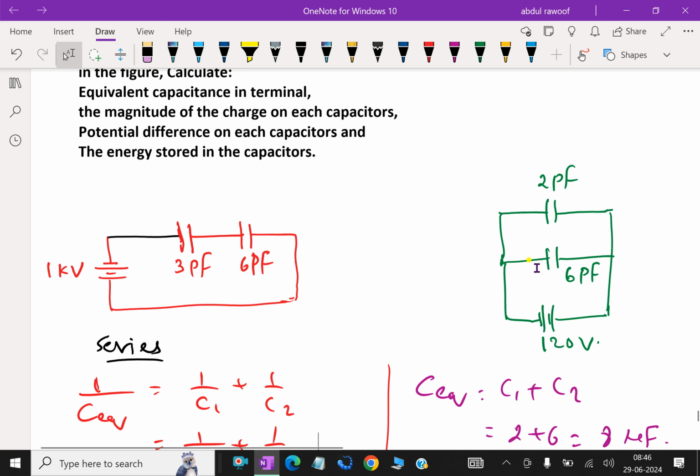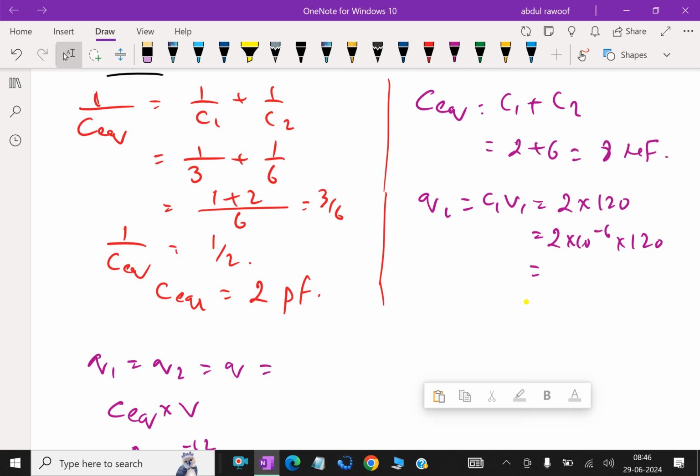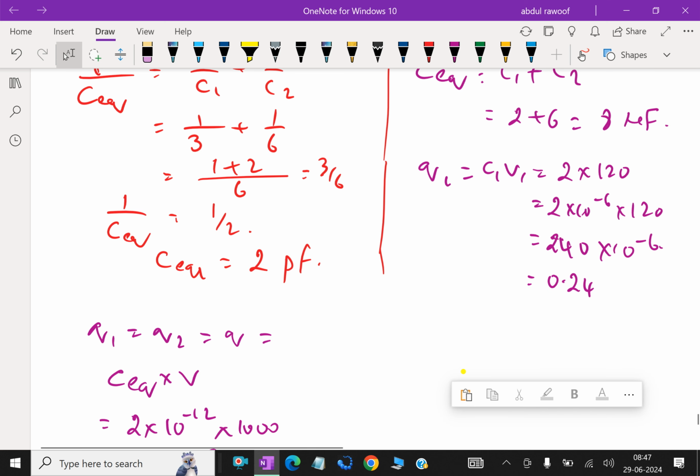Here in the parallel circuit voltages are the same, therefore Q1 equals C1 V1, which is equal to 2 into 10 power minus 6 into 120 volts, which is equal to 240 into 10 power minus 6, which is equal to 0.24, because 3 places moved means 10 power minus 3, so totally 10 power minus 9, it is nanocoulomb.